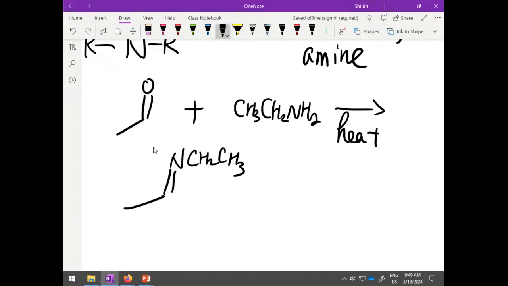This is called an imine. What happens is that you can consider the nucleophilic nitrogen atom replacing the nucleophilic oxygen atom. Originally you have a C=O double bond, and you become a C=N double bond. Yes, you have a question?